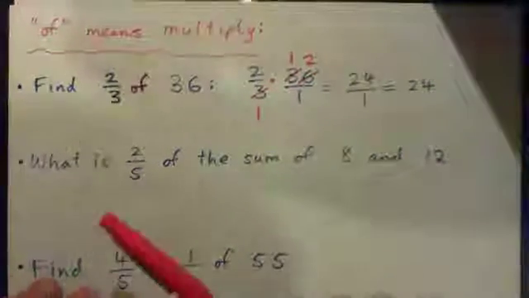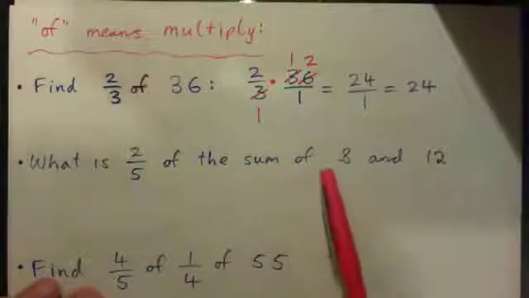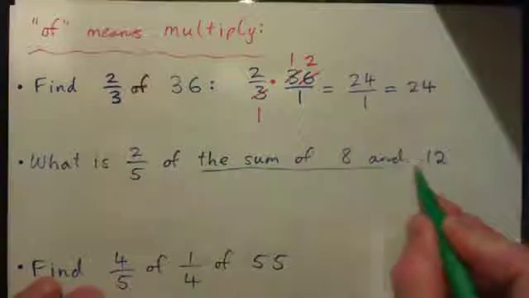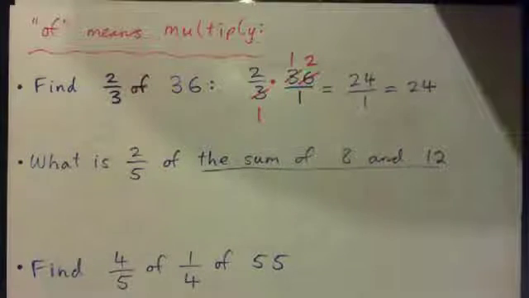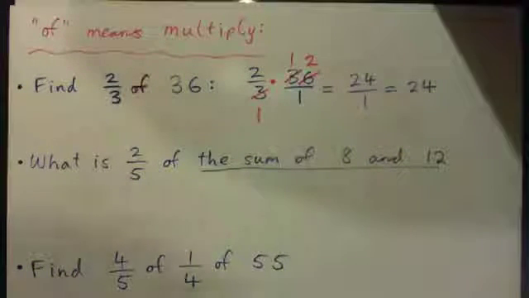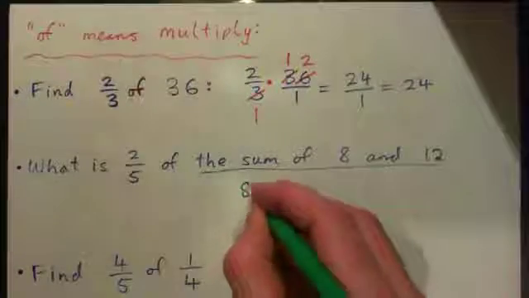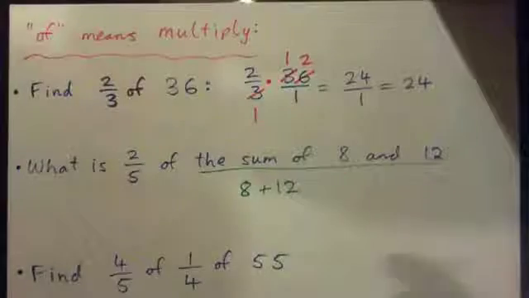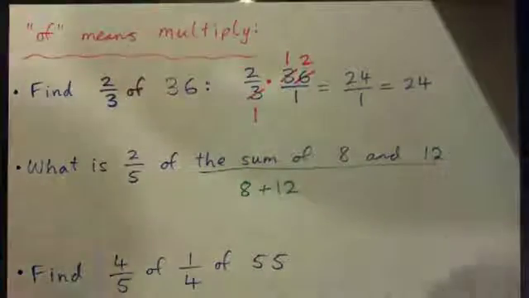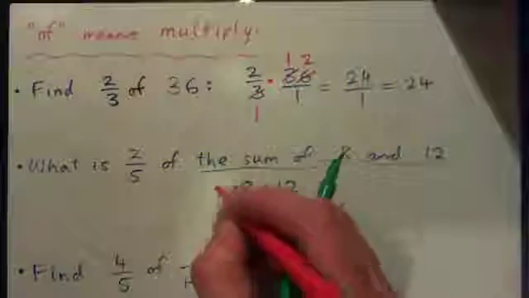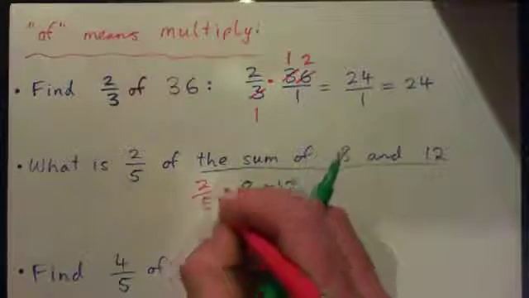Okay, how about this guy? What is 2/5 of the sum of 8 and 12? The sum of 8 and 12, what's that? Have you ever heard of that? The sum of something is when you add, okay? So the sum of 8 and 12 is in fact 8 plus 12. And just to be a little bit theoretical, 2/5 of this would be 2/5 times that.